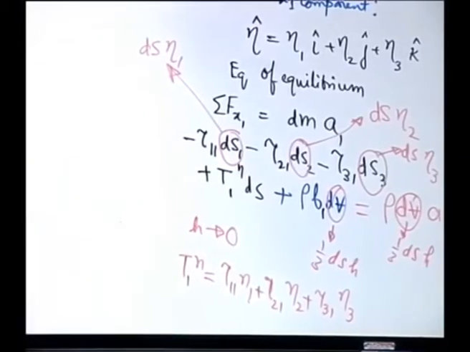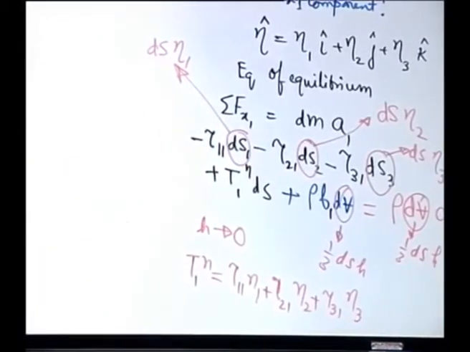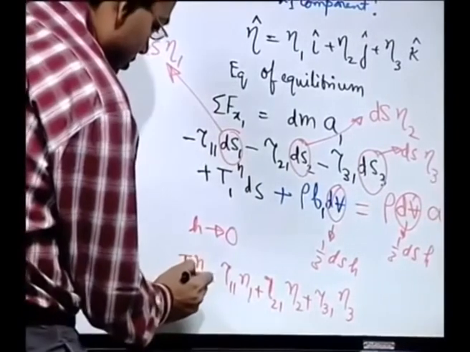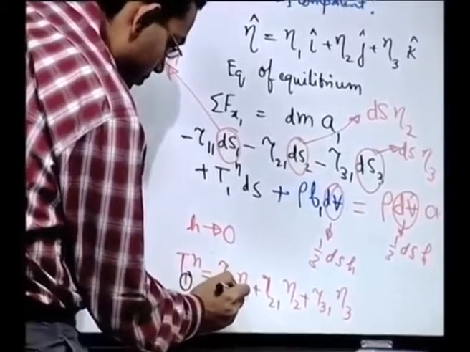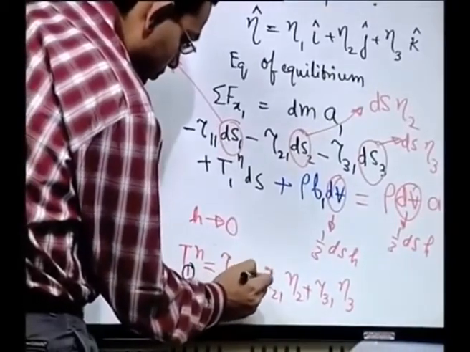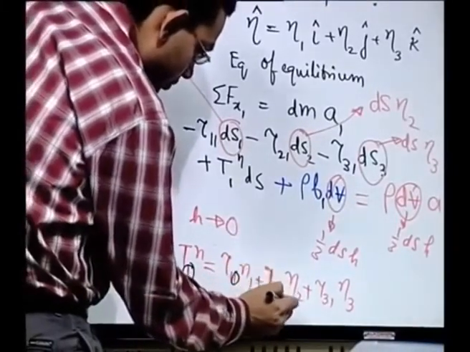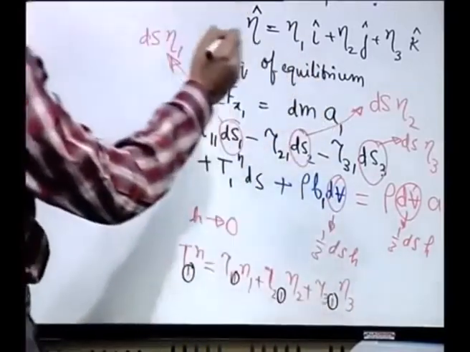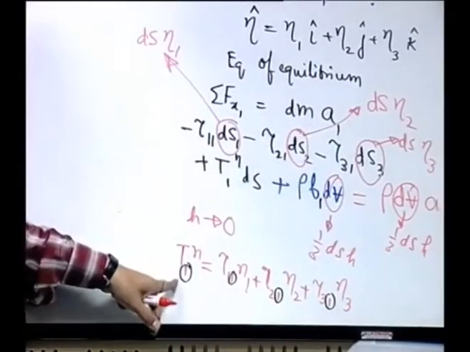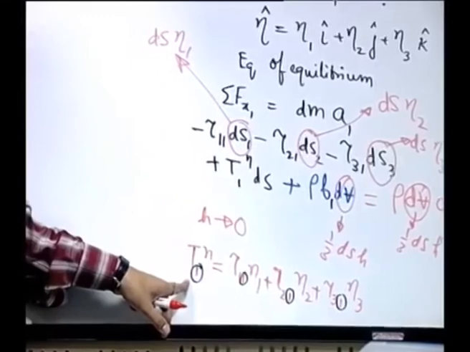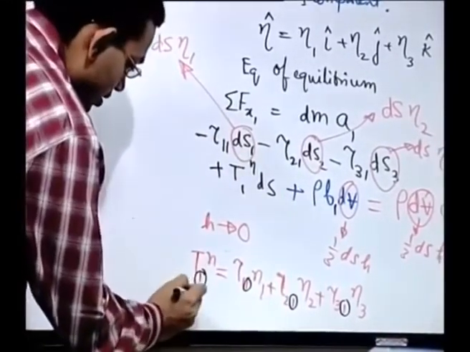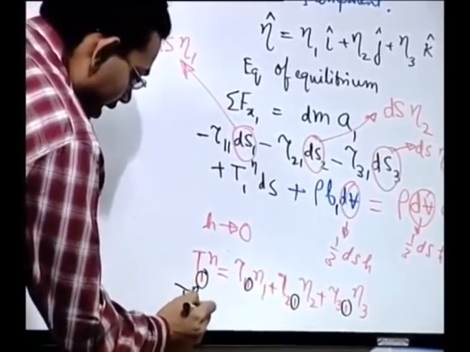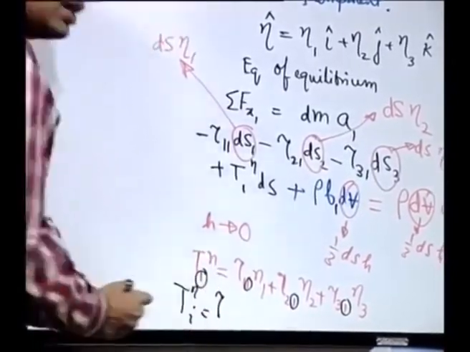So, you can see that this index 1 is the same as the index 1 that appears here. So, in general you can write, replace this 1 with I for any arbitrary direction.